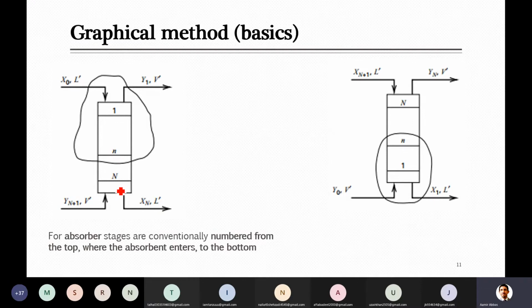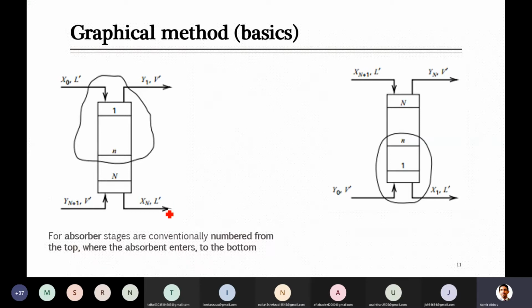Opposite to this, in a stripping column the purpose is to get rid of some of the components which are absorbed inside the liquid with the help of some stripping agent which enters from the bottom. The liquid which has absorbed certain components inside the absorber is the stream leaving from there.